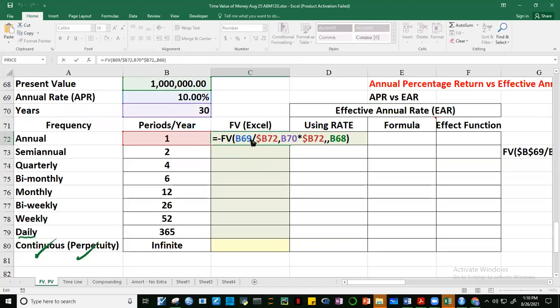So, ang rate is 10% divided by 1. Okay, tapos si N per is 30 times 1. Pero ang pinalitan ni Janry yung periods per year. Walang PMT, tapos ito yung present value, no, yung B68. Okay.